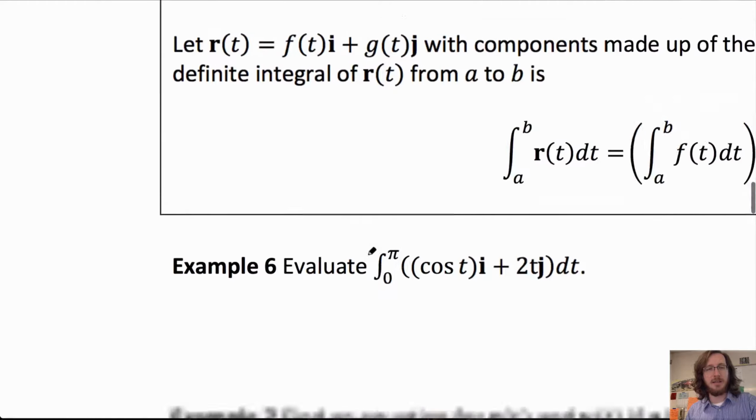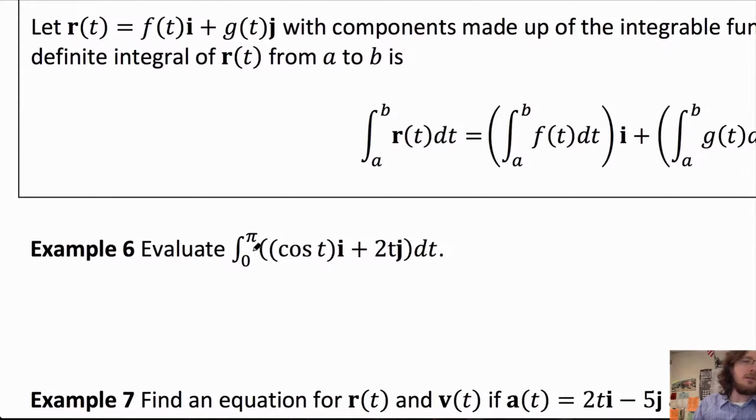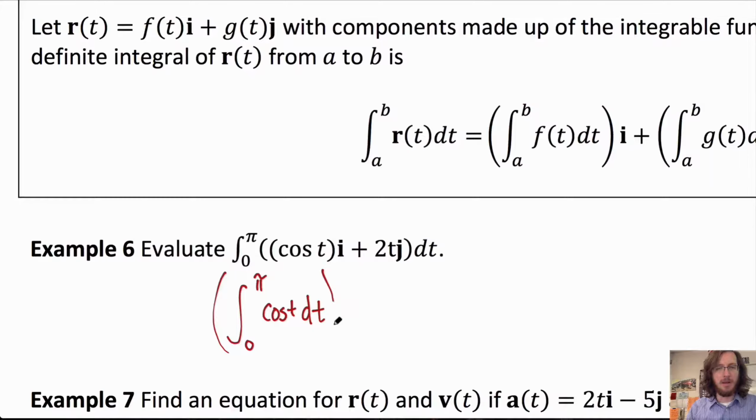All right, so looking at example 6, it says evaluate the integral from 0 to pi of cosine of t i plus 2t j dt. So we're going to find the integral from 0 to pi of our horizontal component dt, and we're going to multiply that by i.